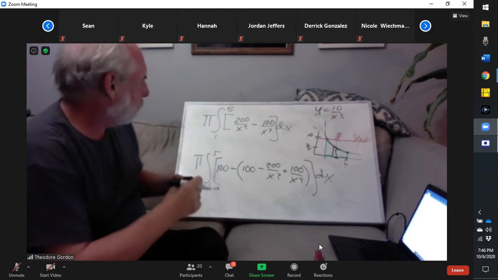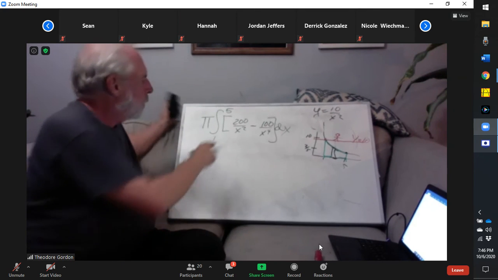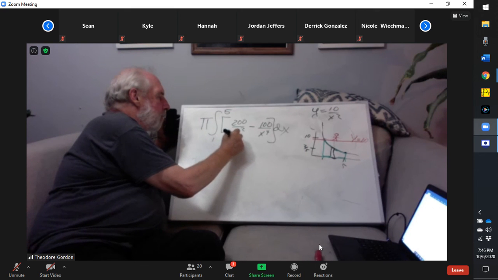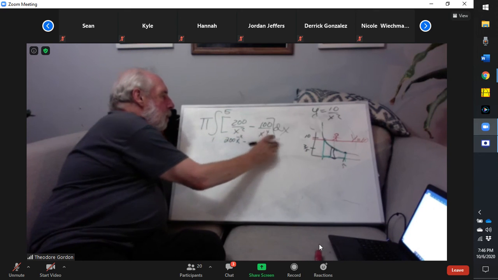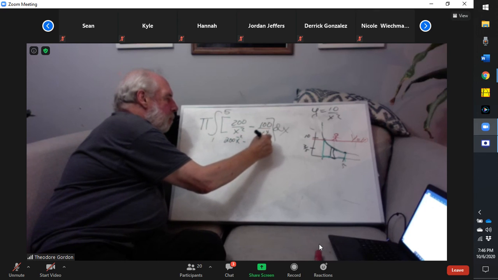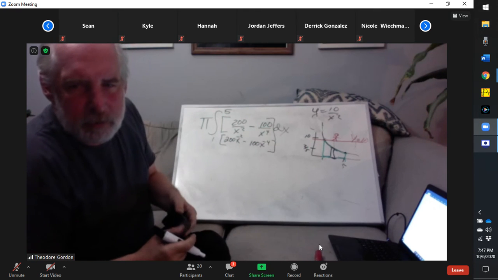All right. Now I'm going to rewrite it just once more. I can rewrite this as 200x to the minus 2, and I can rewrite this as 100 times x to the minus 4. And that makes it a little bit easier to integrate.